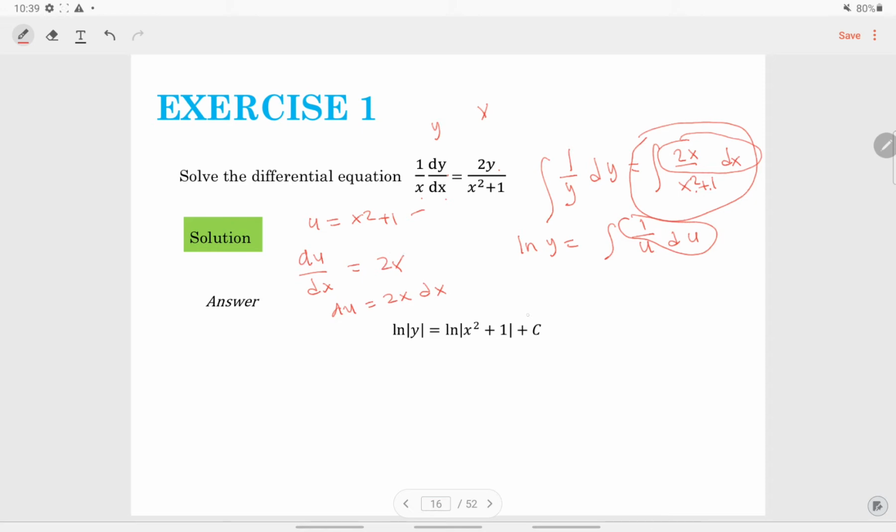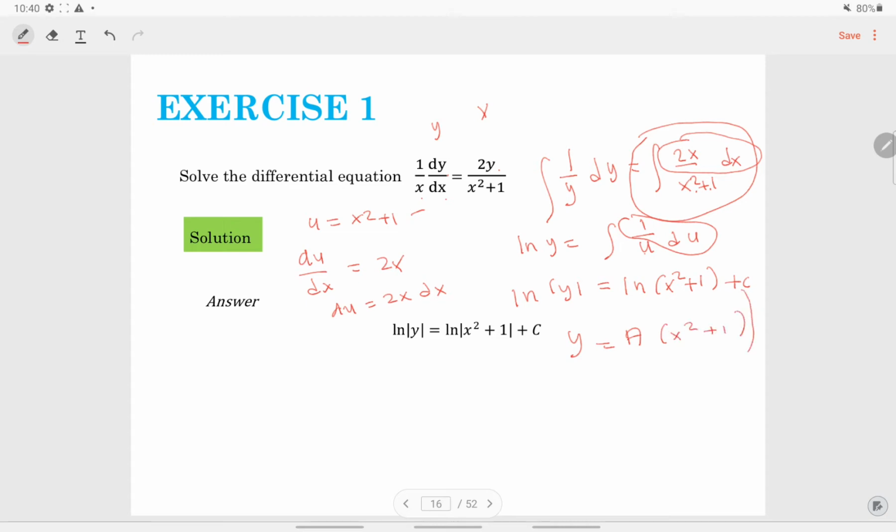Okay, now we have ln y, integrate 1 over u, it will give ln of x squared plus 1 plus c, since u is x squared plus 1. We know that c is ln a. So y equal to a times x squared plus 1.